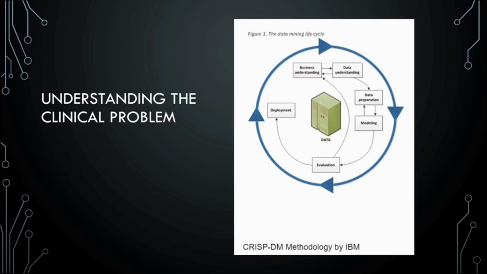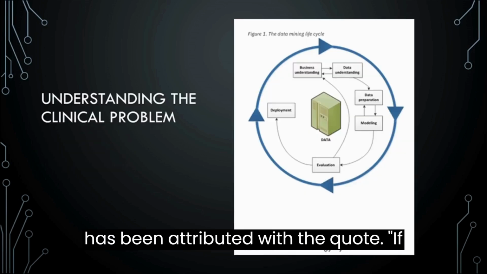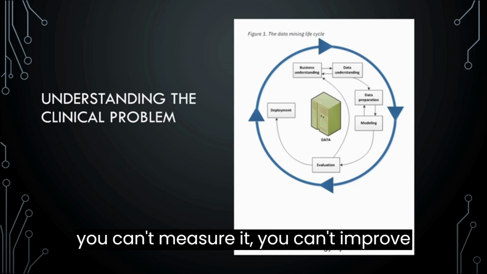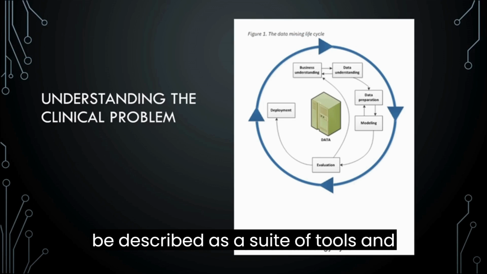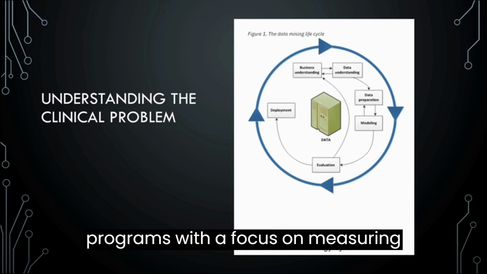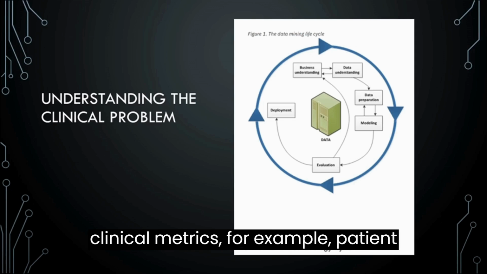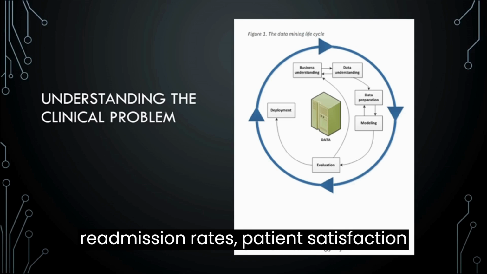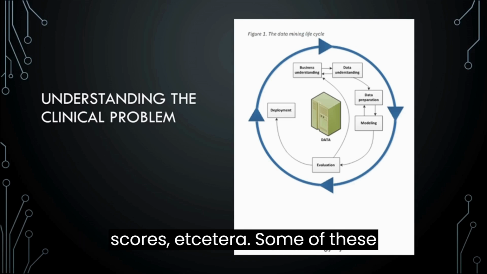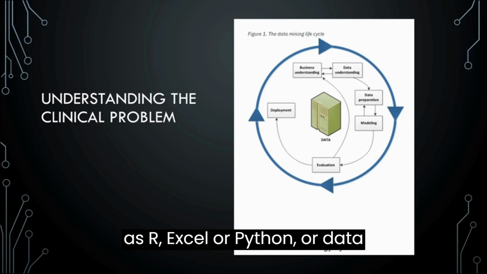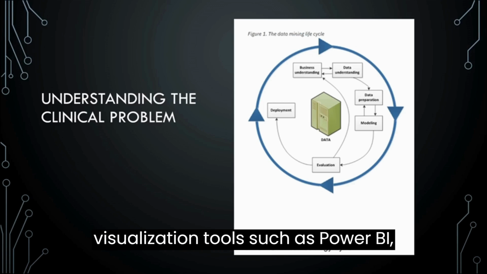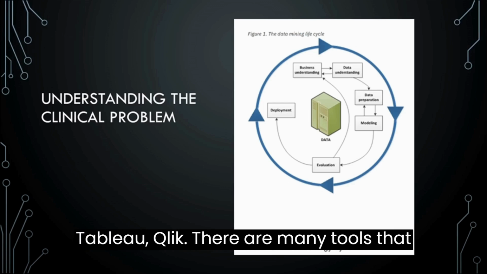Peter Drucker has been attributed with the quote, "If you can't measure it, you can't improve it." Clinical business intelligence can be described as a suite of tools and programs with a focus on measuring clinical metrics, for example, patient readmission rates, patient satisfaction scores, etc. Some of these tools might include software tools such as R, Excel, or Python, or data visualization tools such as Power BI, Tableau, Qlik.